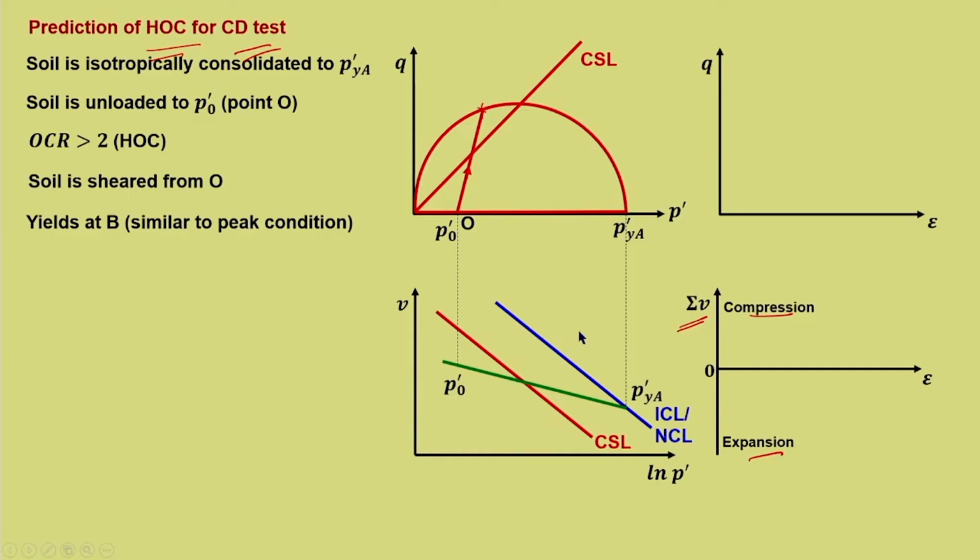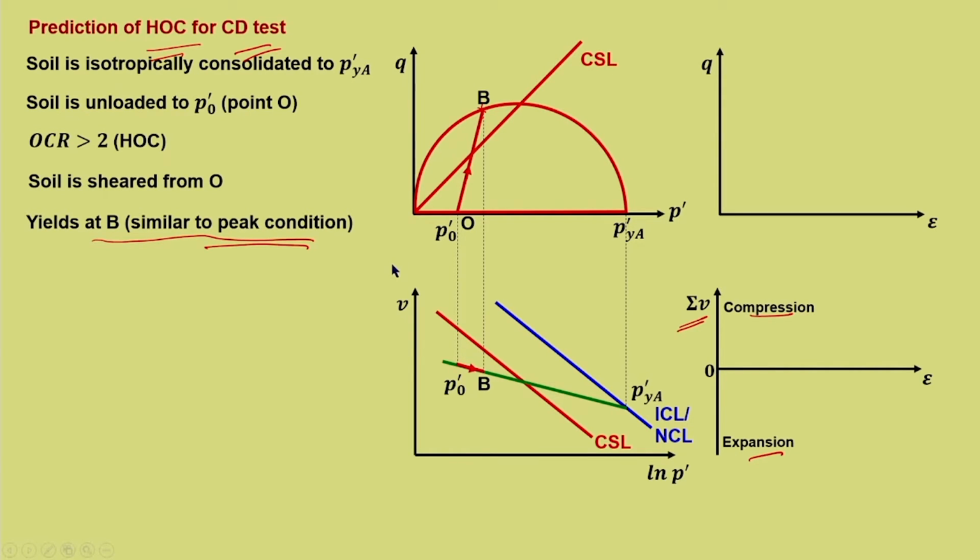Now, this point B is similar to the peak condition. From O to B it is elastic because it has to yield first. So, here also it has to move along the unloading reloading line. So, this green line, it has to move because it is an elastic response.